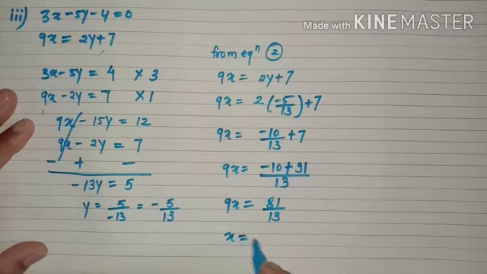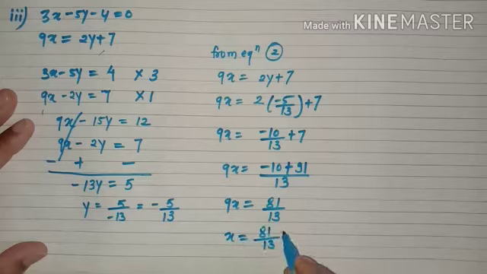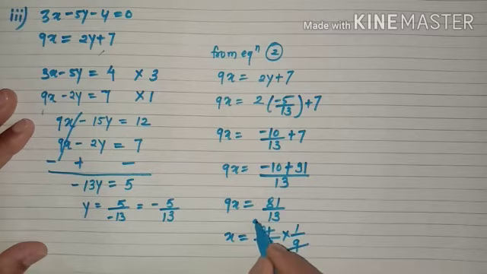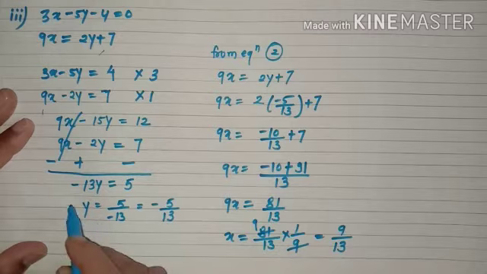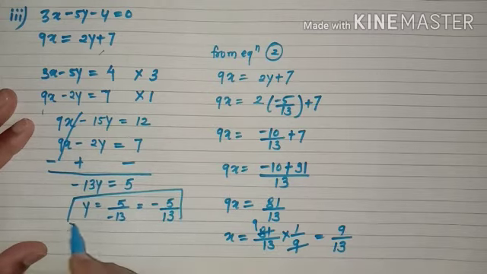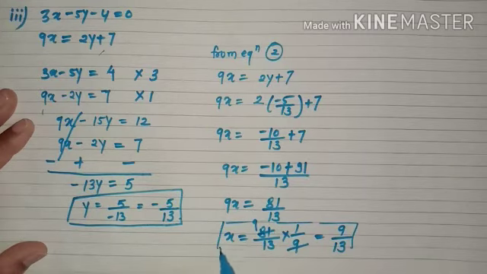The value of x will be 81 upon 13 into 1 upon 9, and we will get the value of x, 9 by 13. So the value of y is minus 5 by 13 and the value of x is here 9 by 13.